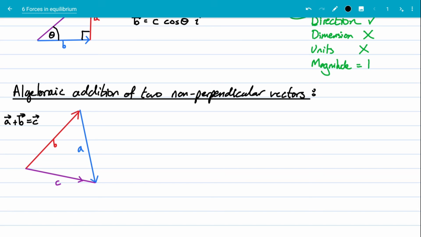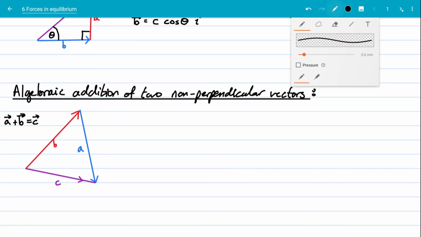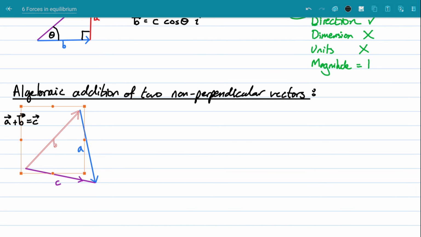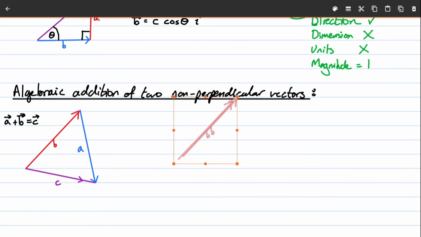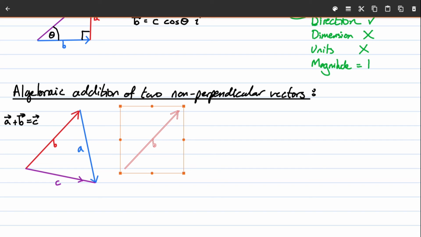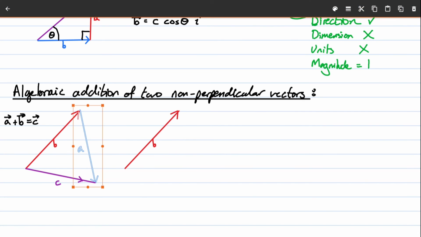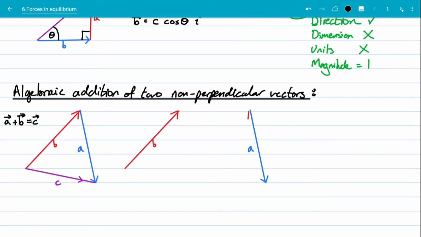So what are we going to do? Well, we're going to take each of these vectors and break it into two components. Now, you don't have to actually do it with both of these. I'm going to, but what you can do is choose to resolve them to be parallel and perpendicular to the other vector.